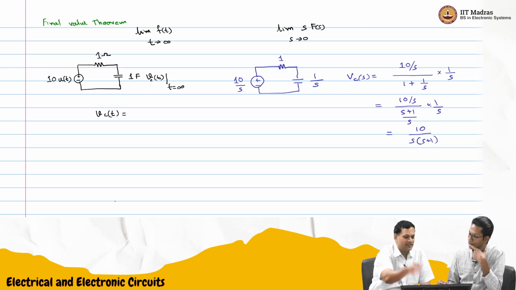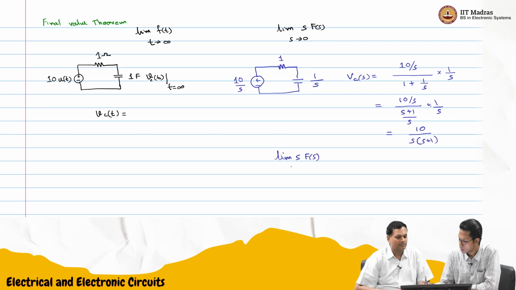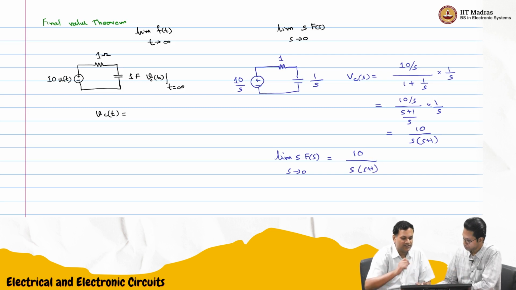And now we can apply the theorem. We'll do everything here in the s domain. So s times Vc of s, I'll write at the bottom. Let s times F of s, as s tends to 0, is 10 by s into s plus 1, and then you need s times that.